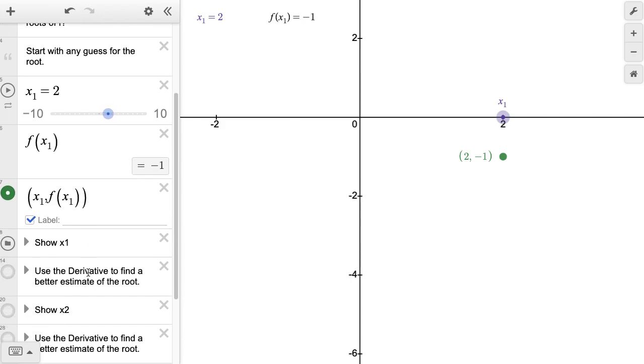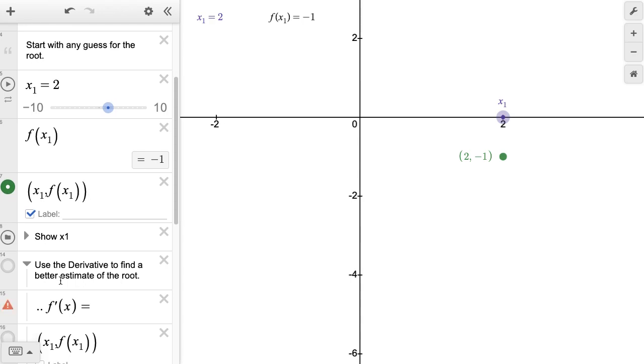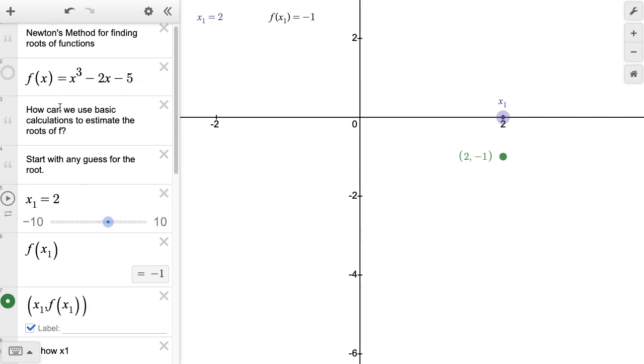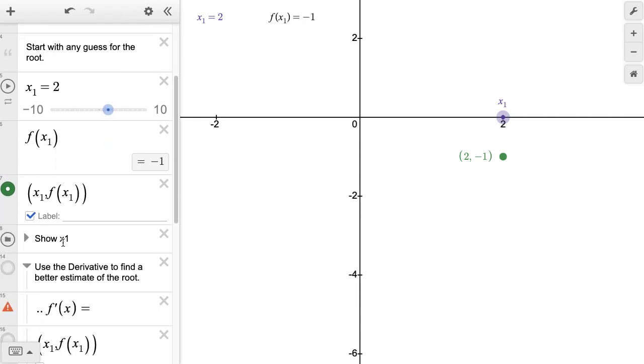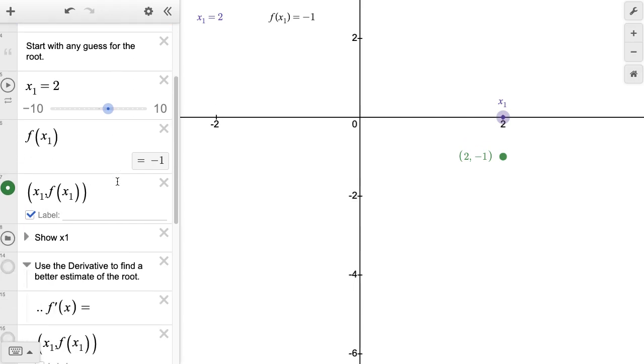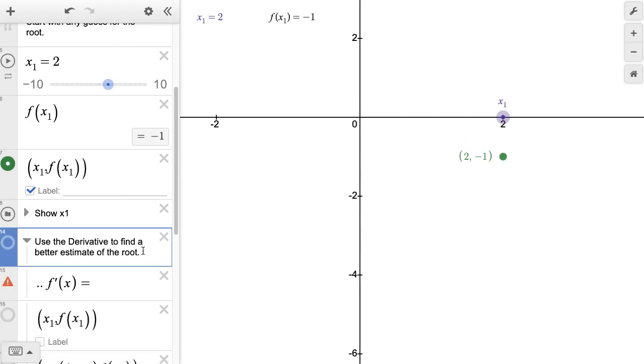So I'm going to calculate the derivative of the function, and I'm going to pretend I need to do this by hand. So f of x is x cubed minus 2x minus 5. Let me copy that and paste it down here so I can have it in front of me.